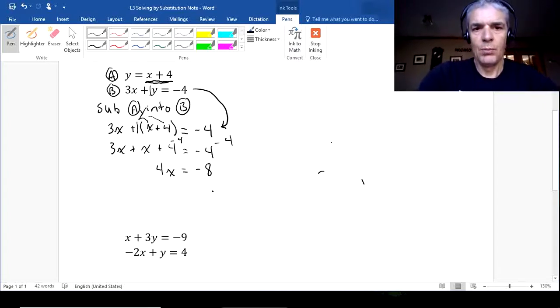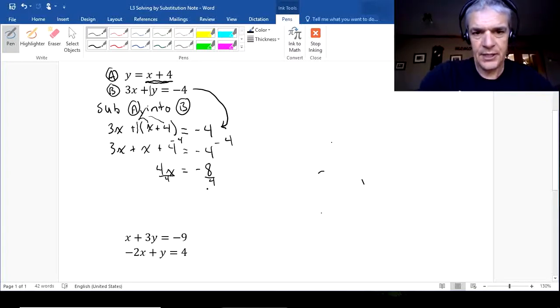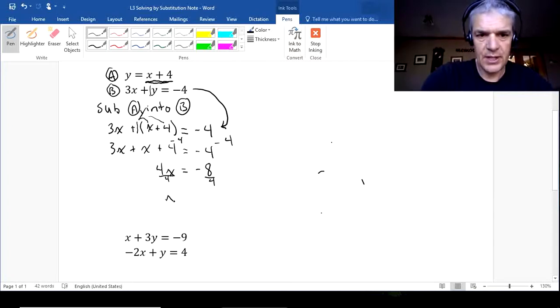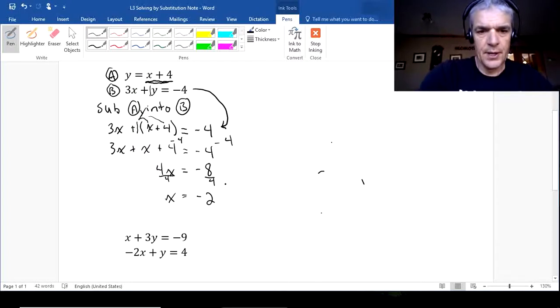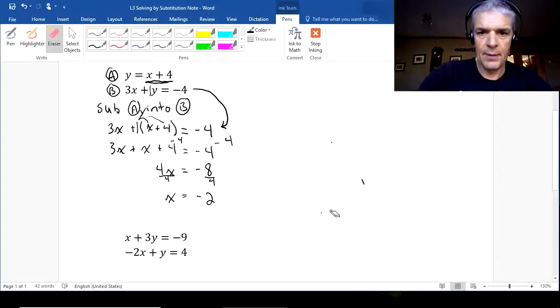And I'm almost done solving this, but I have to divide both sides by 4, okay? And hopefully by now you're getting better at solving equations, something we did earlier in the course, and you're using these skills to help us solve these equations. So this gives x equals minus 2. Now I have basically solved half of my equation.